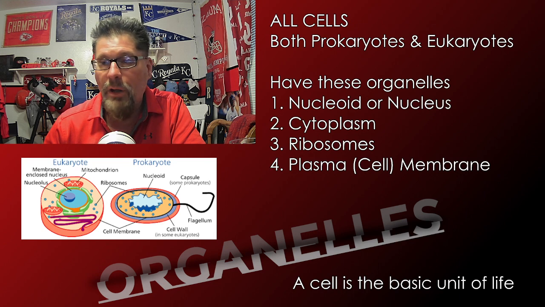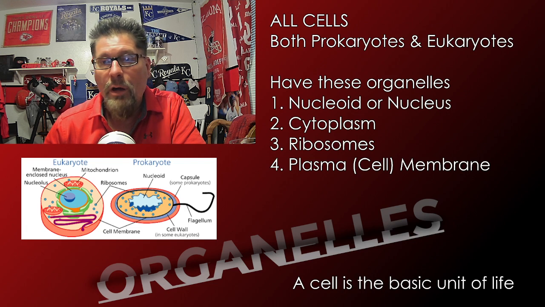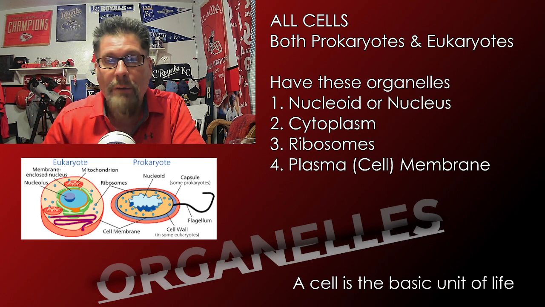Those are the same things. And of course, a cell is the basic unit of life. Below me you can see the two types of cells in a cartoon image, the prokaryotic cell on the right, the eukaryotic cell on the left. Again, prokaryotic cells, bacteria type things, eukaryotic cells, animals, plants, and everything like that.